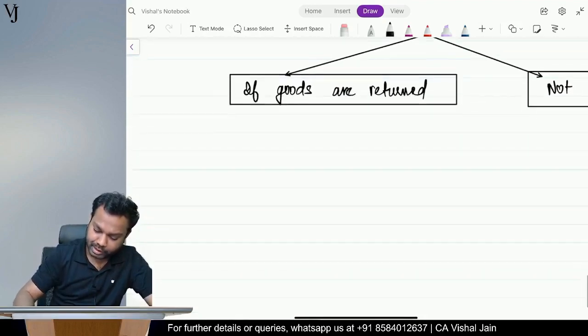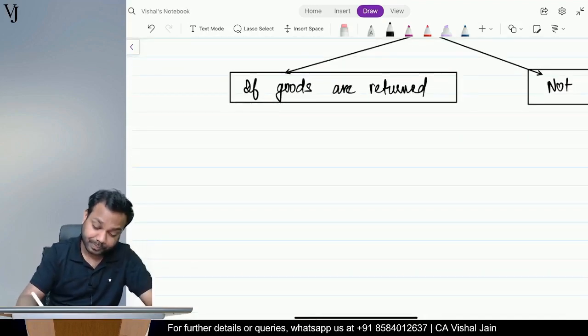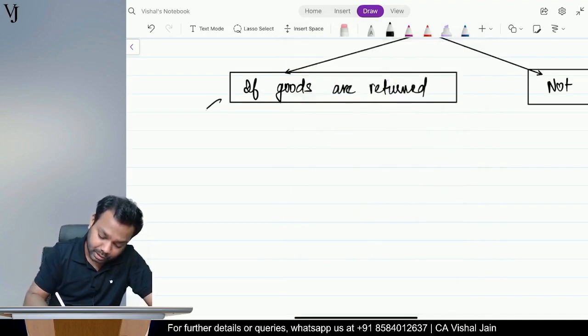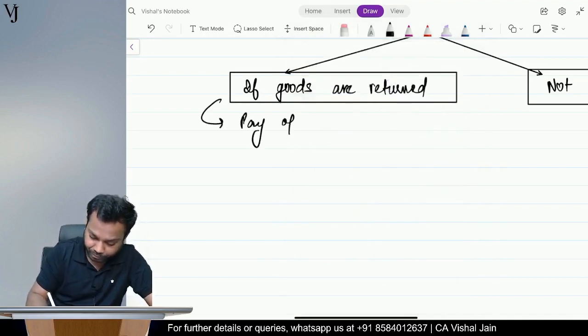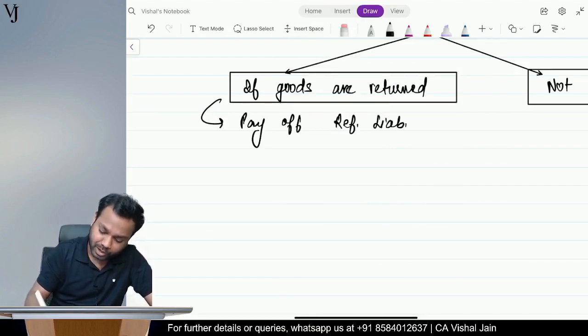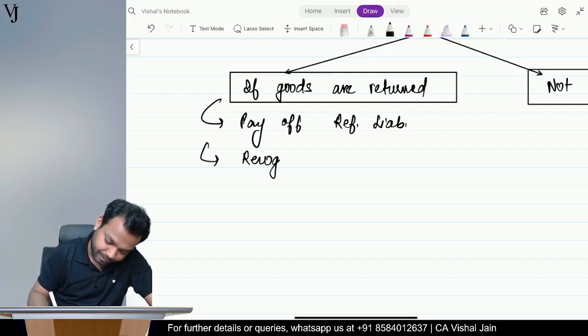If goods are returned, then pay off the refund liability that you have created, then recognize inventory.